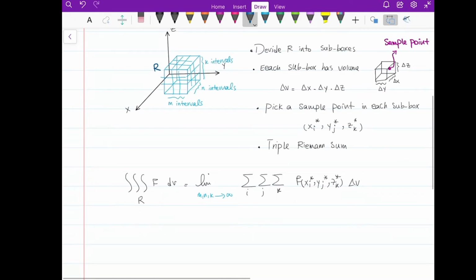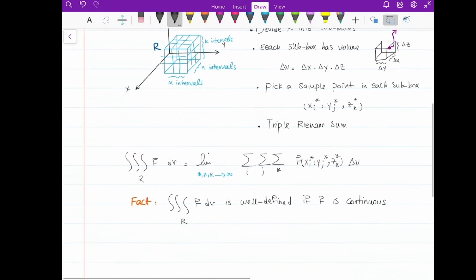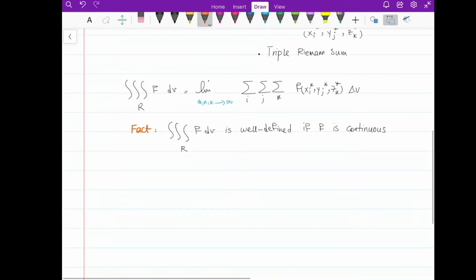There's a fact that says that the triple integral of f dV over the region R is well defined if the function f is continuous. And also we have the analogous Fubini's theorem in here.